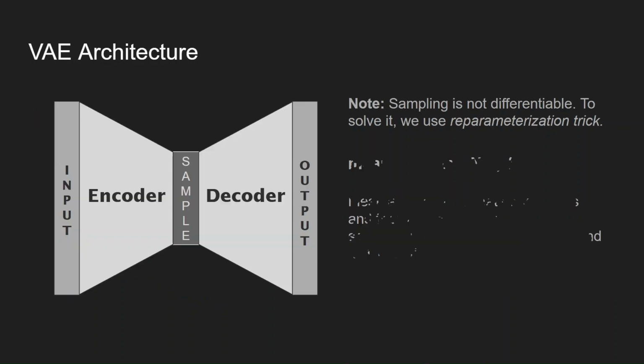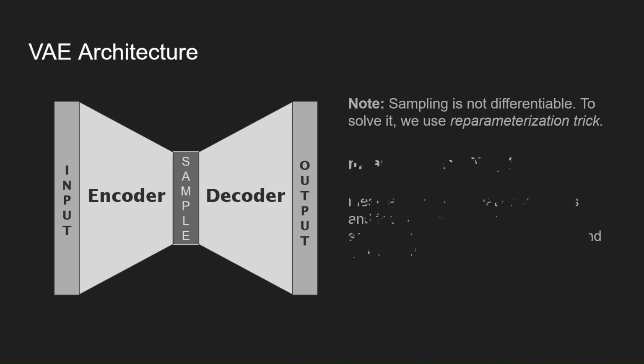The architecture is going to look very similar to the standard autoencoder, but we are going to make some changes in this sampling part. Let's start the discussion with this line: sampling is not differentiable. To understand this concept, let's see how TensorFlow calculates gradients. TensorFlow creates a computational graph, and based on that graph it calculates all the gradients, which we use in the backpropagation algorithm.